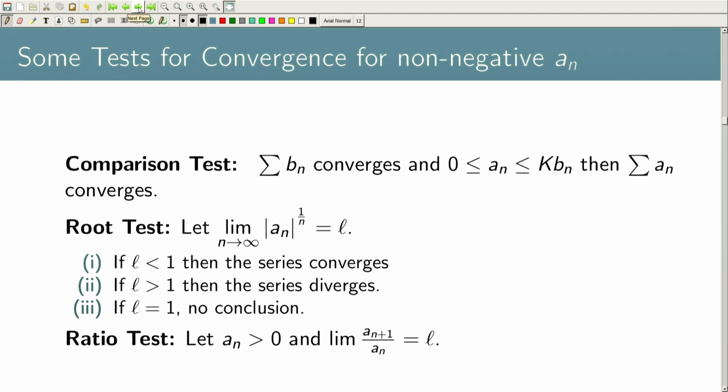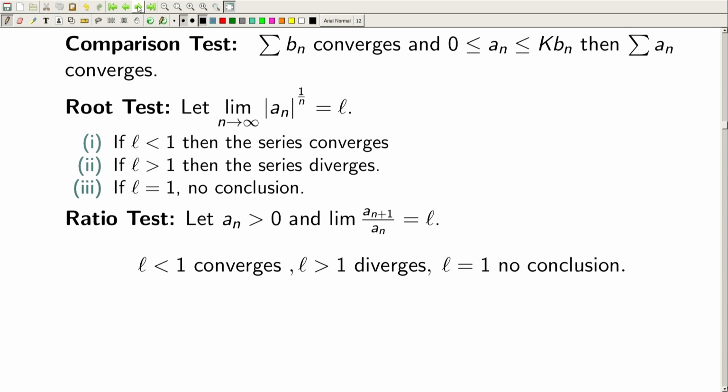And then the ratio test, as we are familiar with, again for non-negative a_n's: if the limit of a_{n+1} by a_n is equal to L, then for L less than 1 it converges, for L bigger than 1 it diverges, and for L equal to 1 we can't conclude anything.